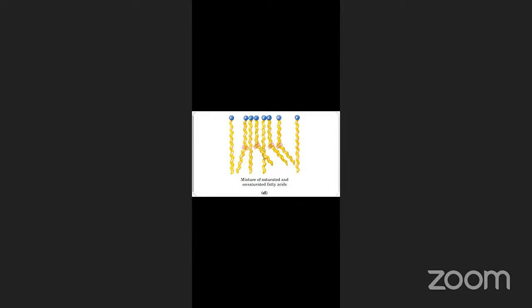So you can see tight packing only with saturated fatty acids. That means when fatty acids have only single bonds, all these fatty acids are tightly packed. If you have unsaturated fatty acids, then you can observe gaps.